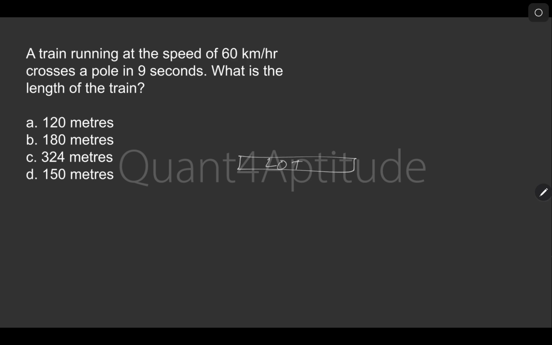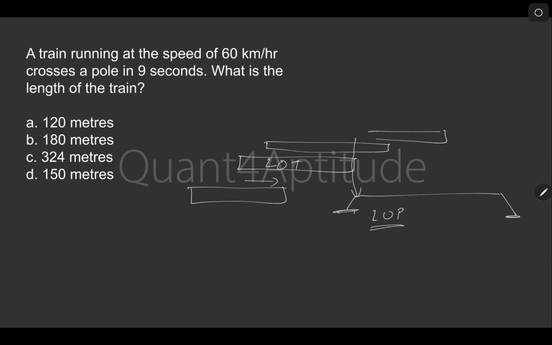We have the length of the train. Now let's say we have a platform. This is the length of the platform. The crossover happens only when this is aligned. When the train is here, there is no crossover. So let's say this is the direction the train has to pass through. It goes further ahead till it completely crosses over the platform.